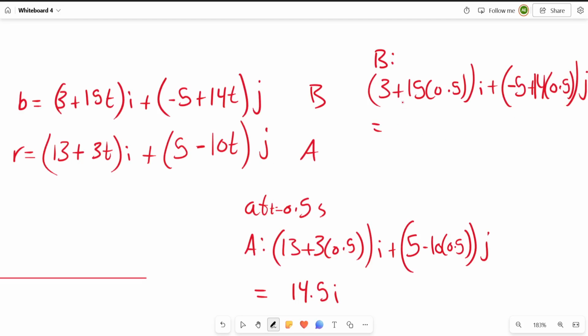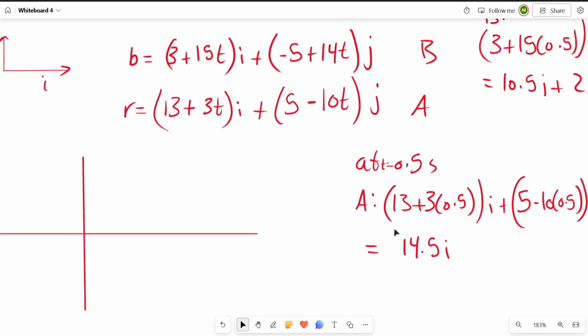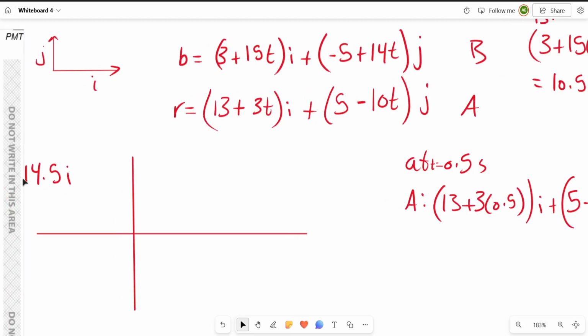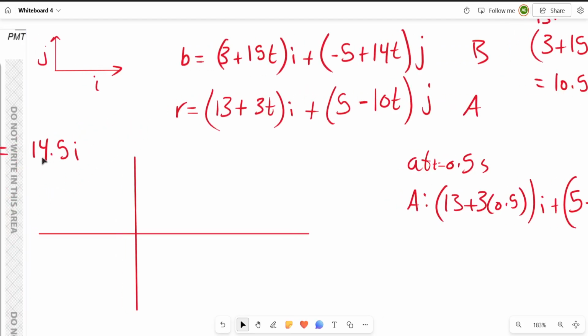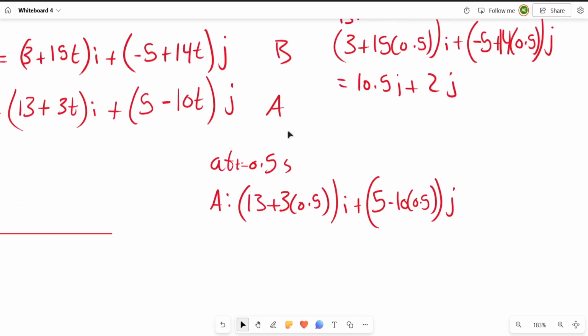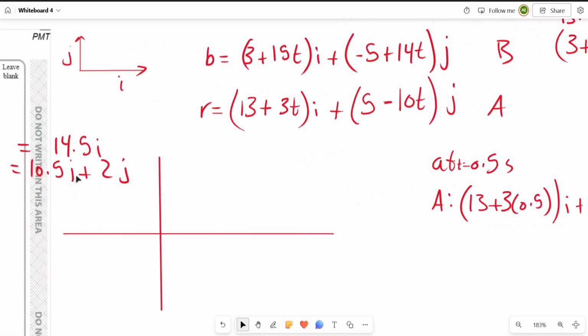This equals 3 plus 7.5, that is 10.5 in the i, plus 14 times 0.5, that is 7, and negative 5 plus 7 is just 2 in the j. So now these are the two position vectors of the ships at this exact time, at 0.5 seconds.